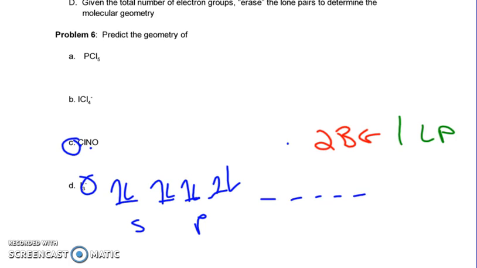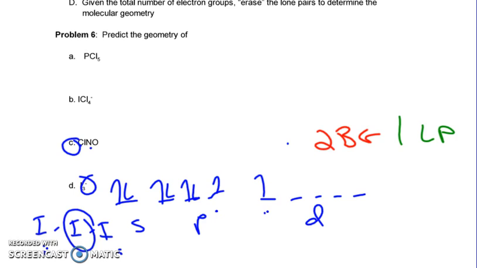So I'm going to introduce the d, and I'm going to promote this one. So look at the formula. It's I3 minus. So if this is my central atom, I have 2 iodines, don't I? So if I have 2 iodines, I need 2 open spots. So that tells me what I'm going to have.